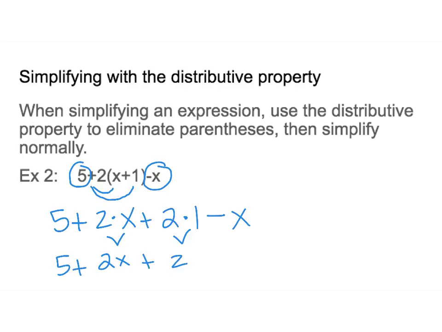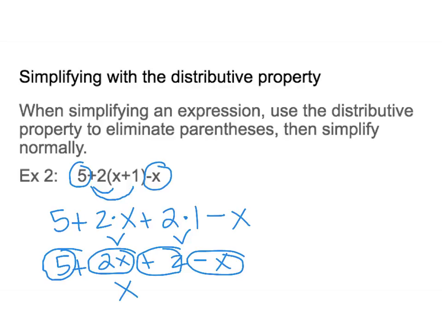And the other parts, now I need to combine like terms. So my x's I'll combine. 2x minus x will give me just 1x, and 5 plus 2 will give me 7. So x plus 7 should have been your final answer.